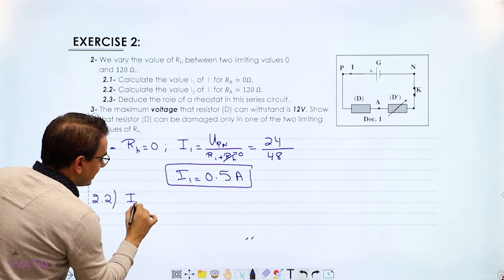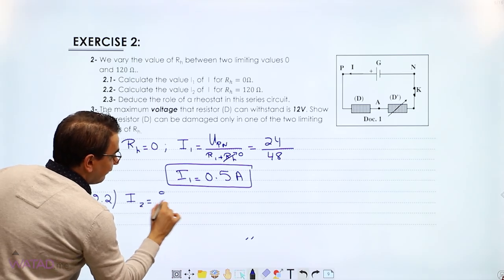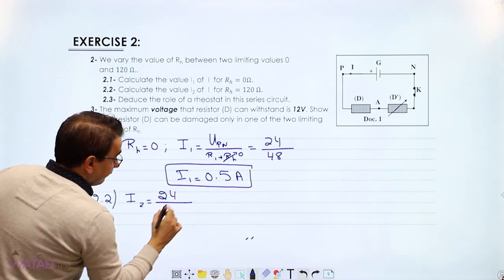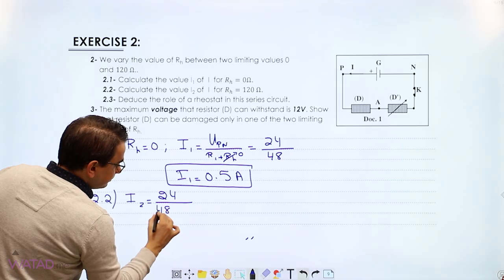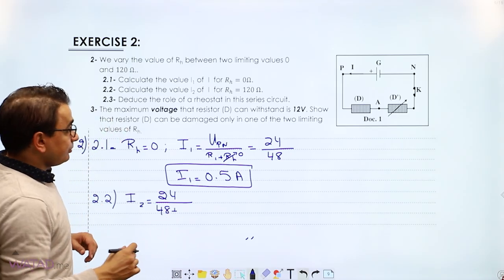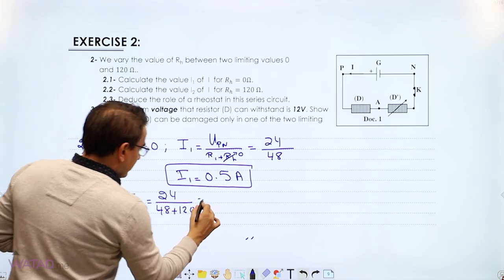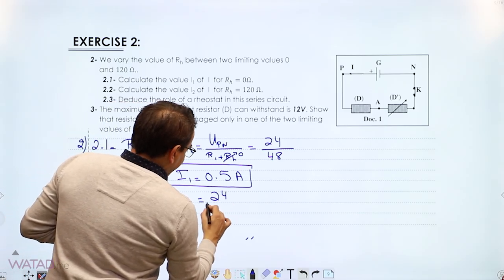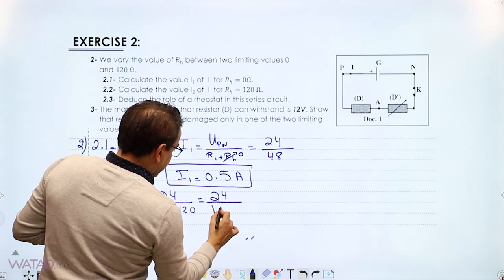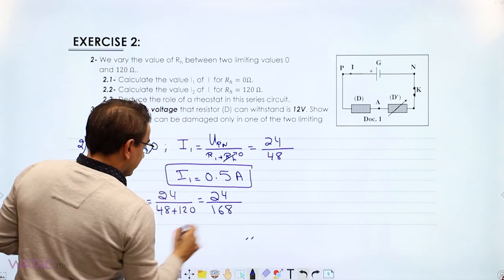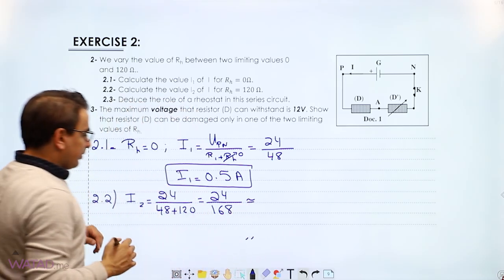Here I can directly say I2 equals 24 over 48 plus 120, okay, which is 24 over 168, approximately.